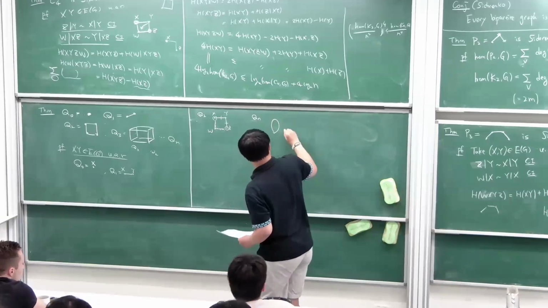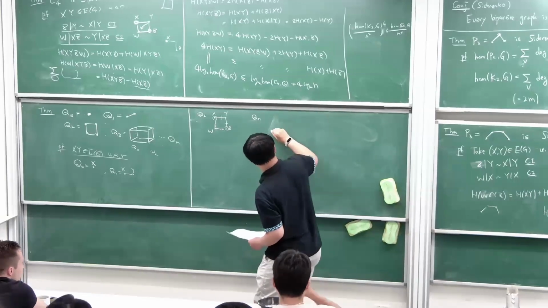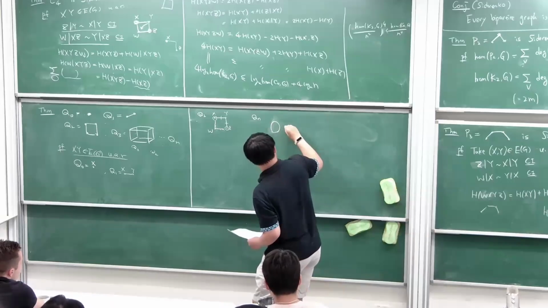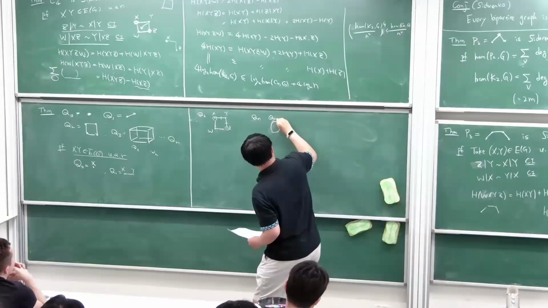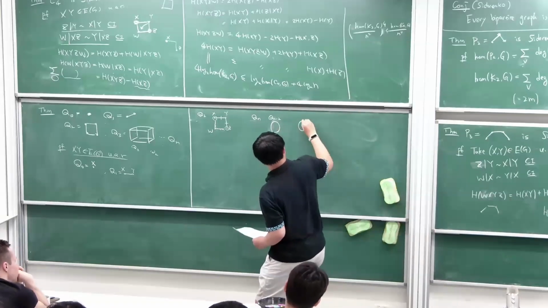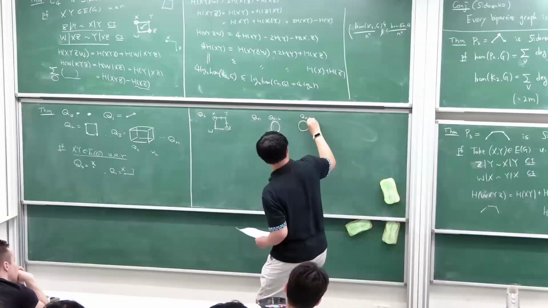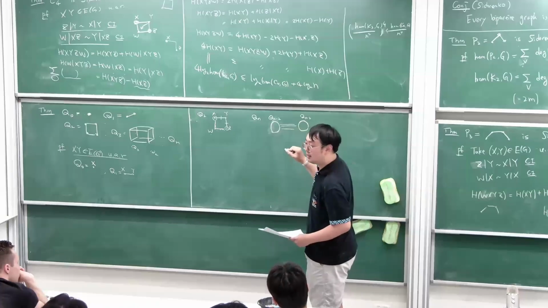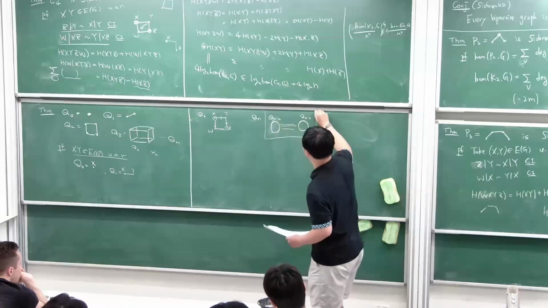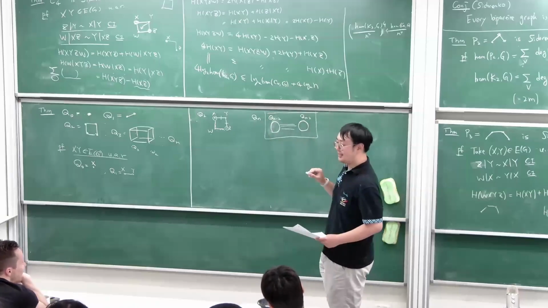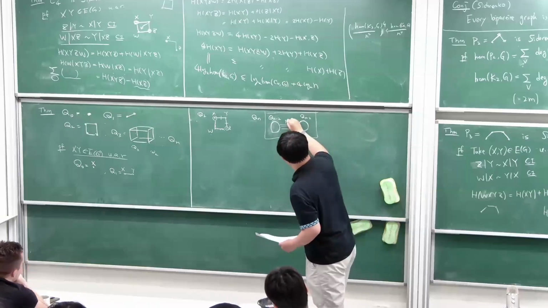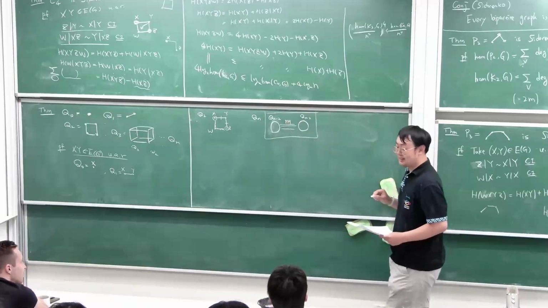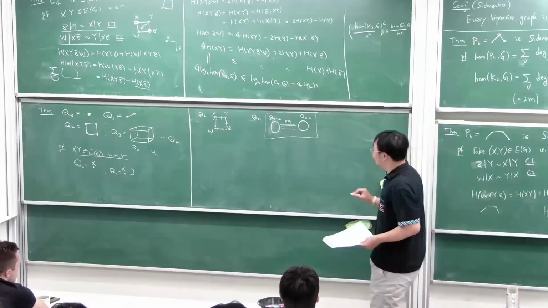Let's say you have a Q_{n-1}. Inside there are two copies of Q_{n-2}, and this is a perfect matching between them.